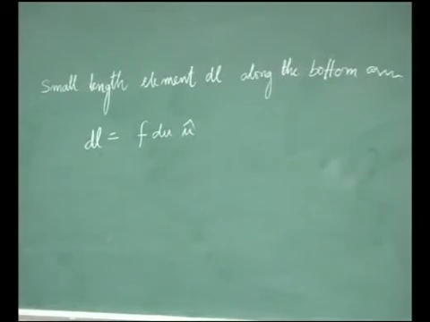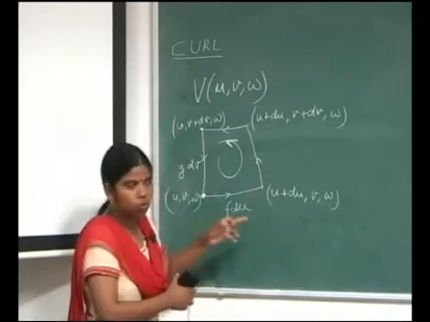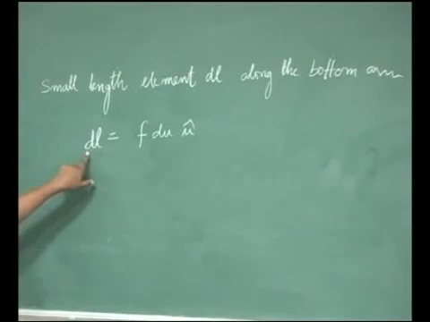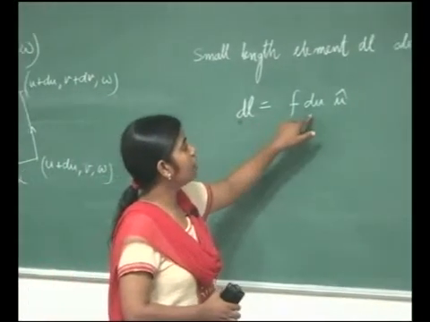This loop is very small, so this arm of this loop will also be very small, and I call that small length element dl, which is equal to f du u cap.